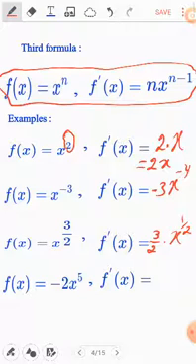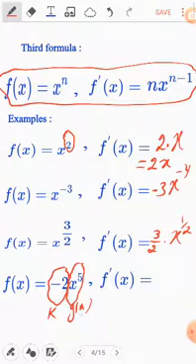Again, another example. If f of x equals minus 2 times x power 5, minus 2 is the constant k, and g of x is x power 5. So it is of the form k times g of x.